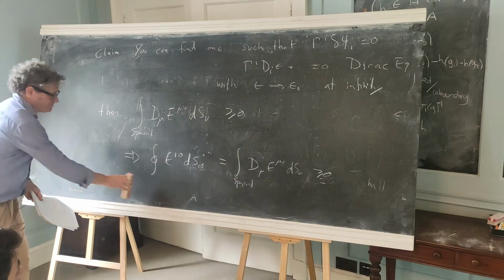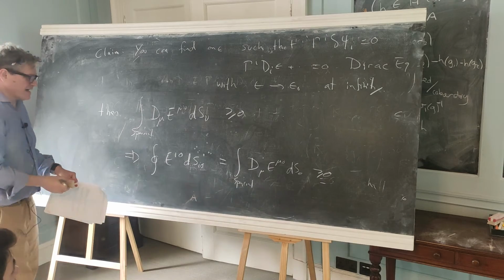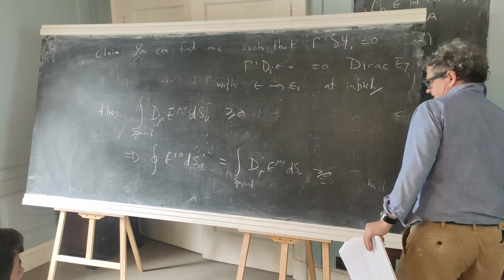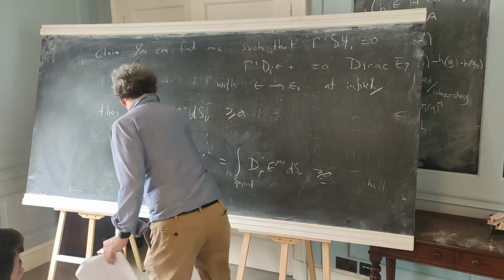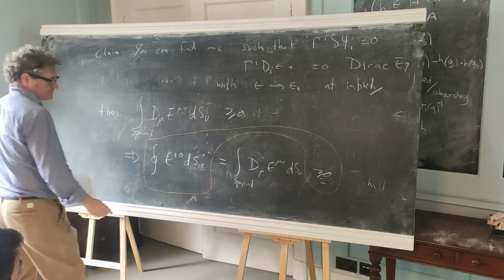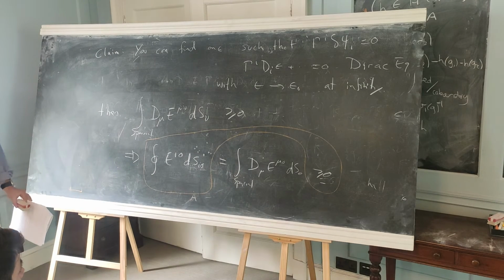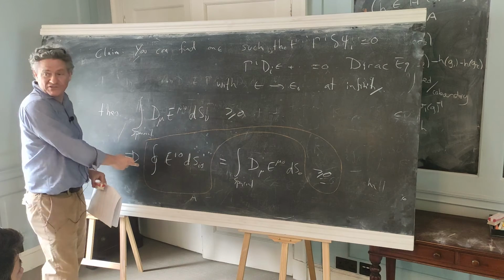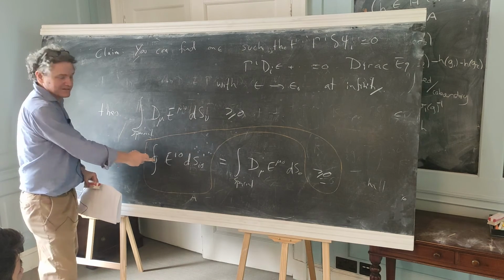So this is my bound. I've assumed a certain epsilon, but all I have to know is that it exists, because this is an integral over the sphere at infinity, where epsilon is constant.